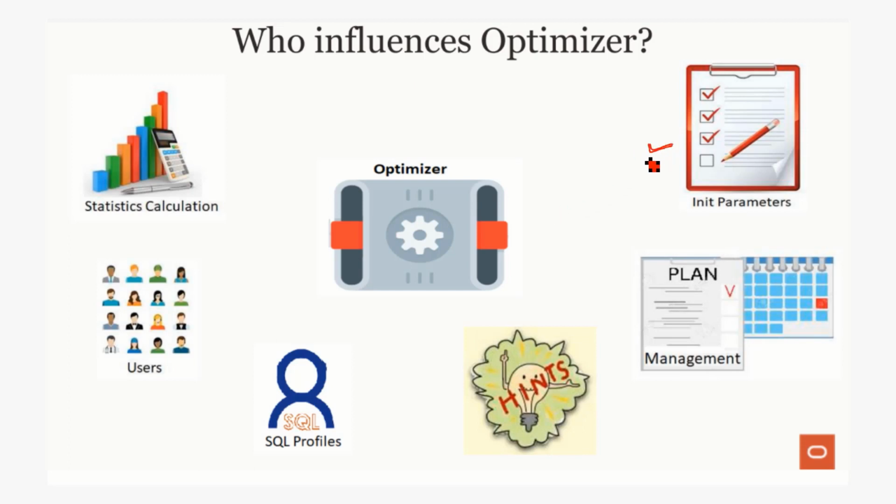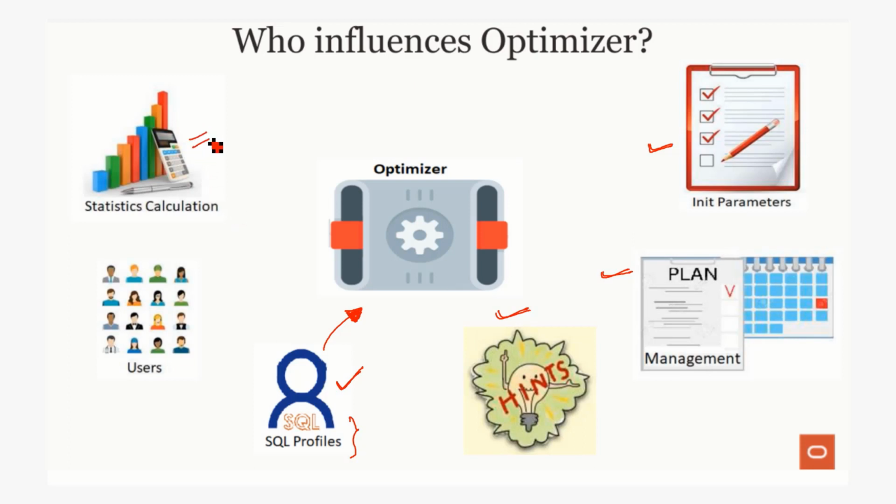Due to some parameters, the optimizer can be impacted to select bad plans. There's plan management, there's hints, and there are SQL profiles. With the help of SQL profiles and SQL baselines, we make the optimizer aware that it is selecting the bad possible plans.